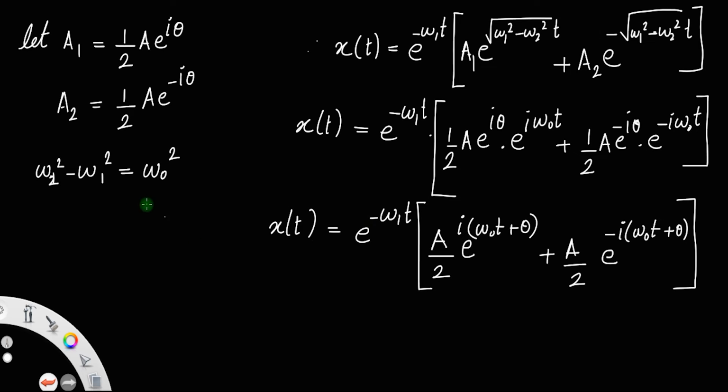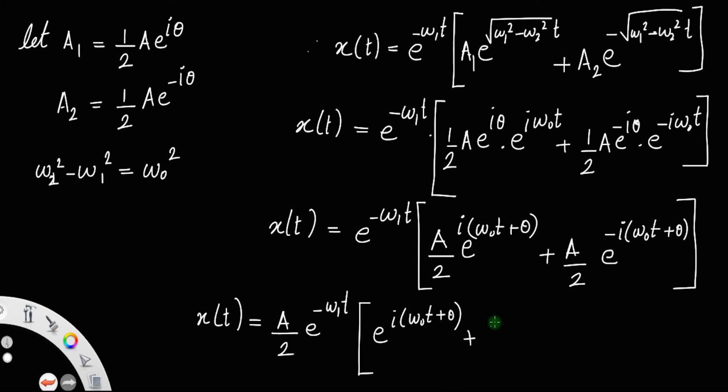So x of t is equal to a by 2, which can be taken out, e raised to minus omega 1 t into [e raised to i (omega 0 t plus theta) plus e raised to minus i (omega 0 t plus theta)].